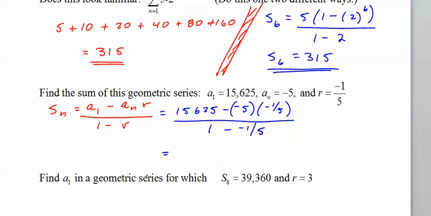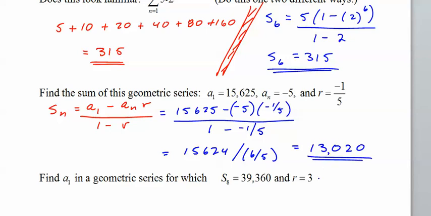Just because I do not trust the process. 15624 over 6 fifths equals 13020. Terrific. It is tricky. It's very tricky stuff.